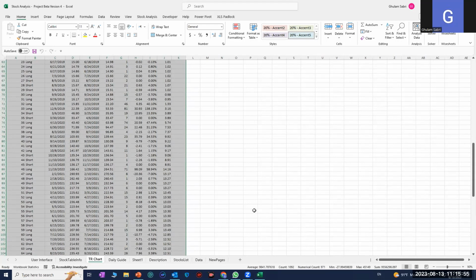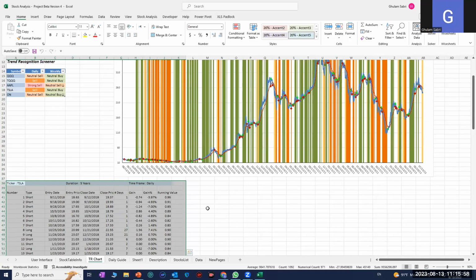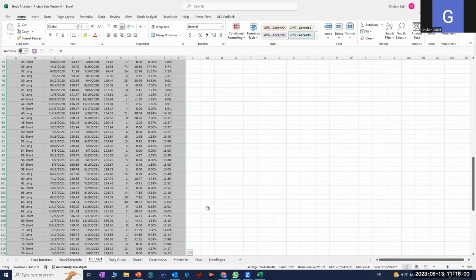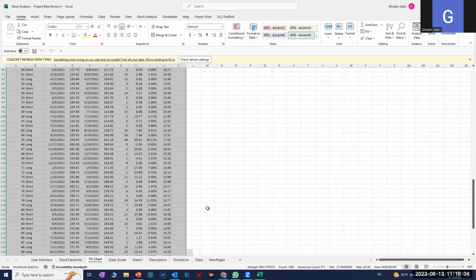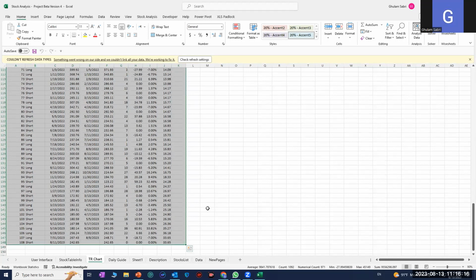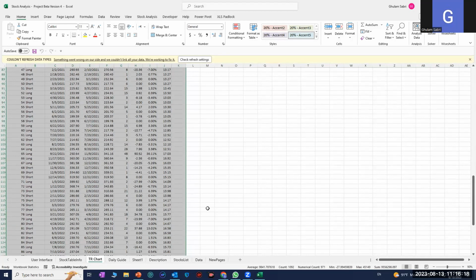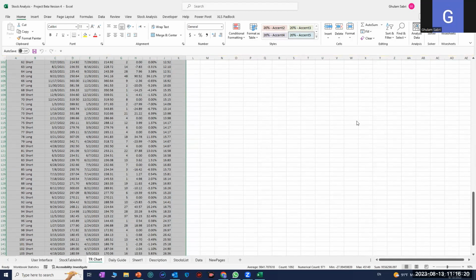But that's over a period of 5 years. So it still is manageable. 100 in 5 years means approximately 20 to 25 trading signals in a year, which means 2 in a month. Not that bad.